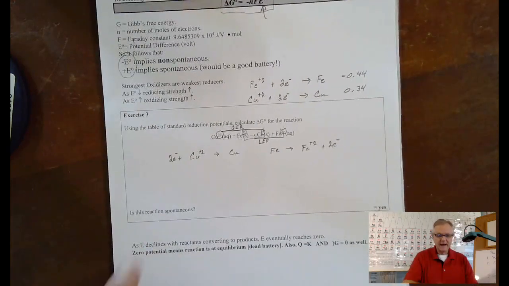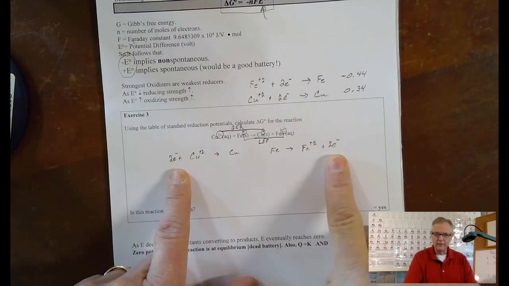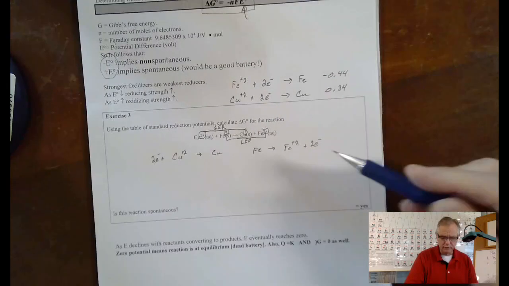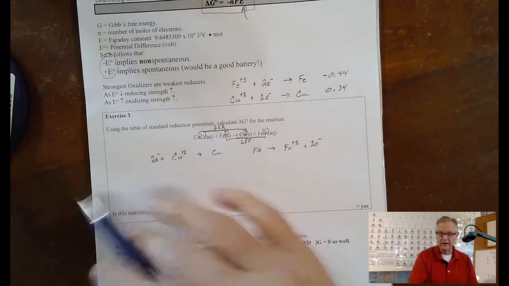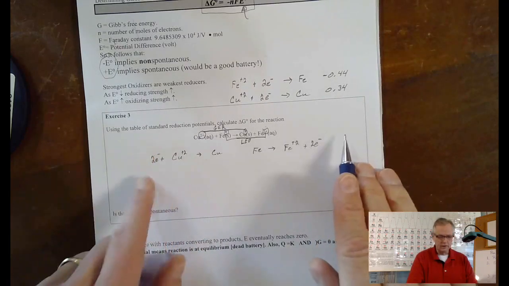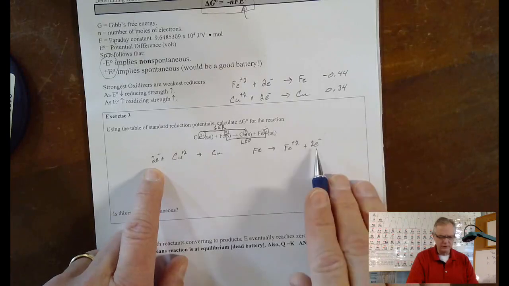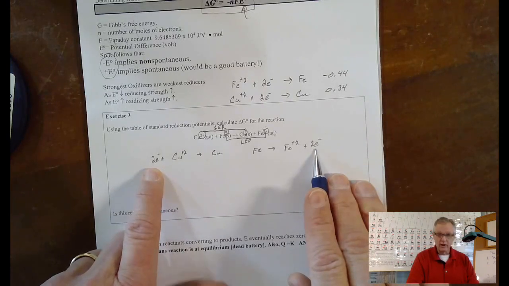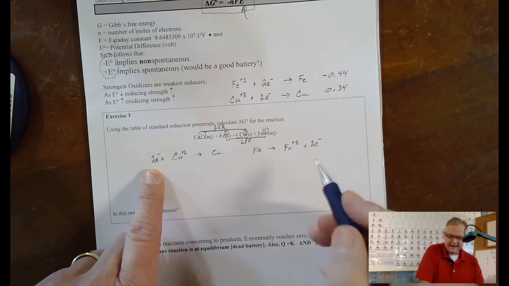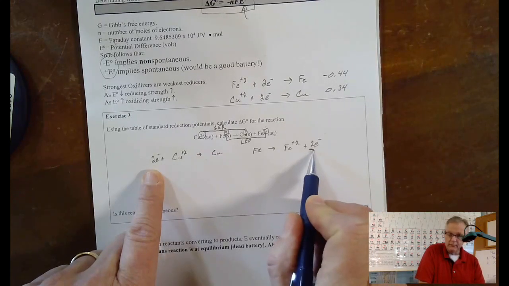Do you see how my electrical charges are equal? I didn't have to find a least common multiple or anything. So if they're equal, I can combine them, and everything is fine because there are 2 electrons in my reactant and 2 electrons in my product. That is my mole number.